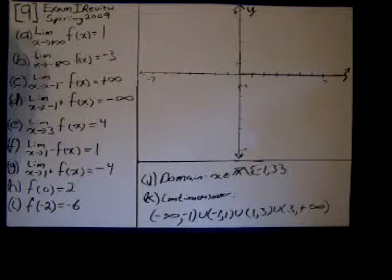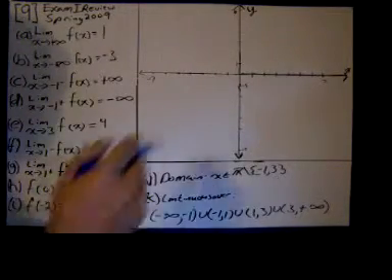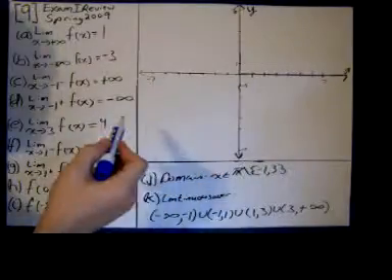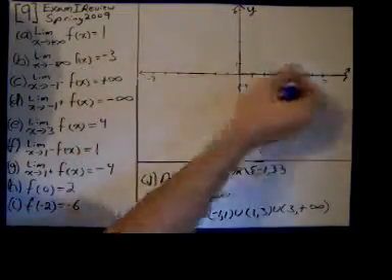So property A says the limit as x goes to positive infinity of f of x is positive 1. So that tells me that as x goes to positive infinity, we have a horizontal asymptote of y equals 1.